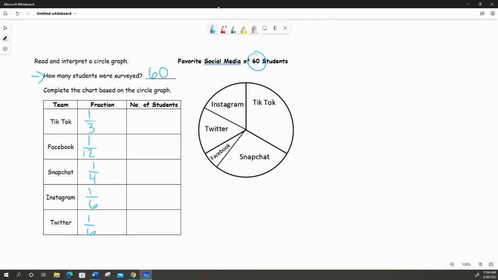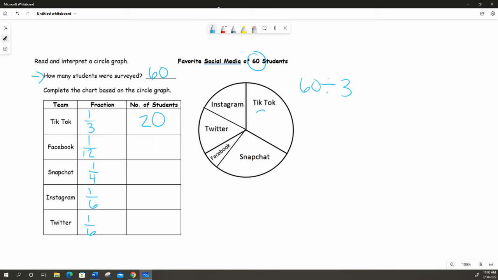Now that we have those fractions, we just need to figure out the number of students. I like looking at TikTok first, since that has the most. So that had 60 students, sorry, let me cross that out. That had 60 students being divided by 3, because if we divide that by a third, we would end up with 20 students, because 60 divided by 3 is 20.